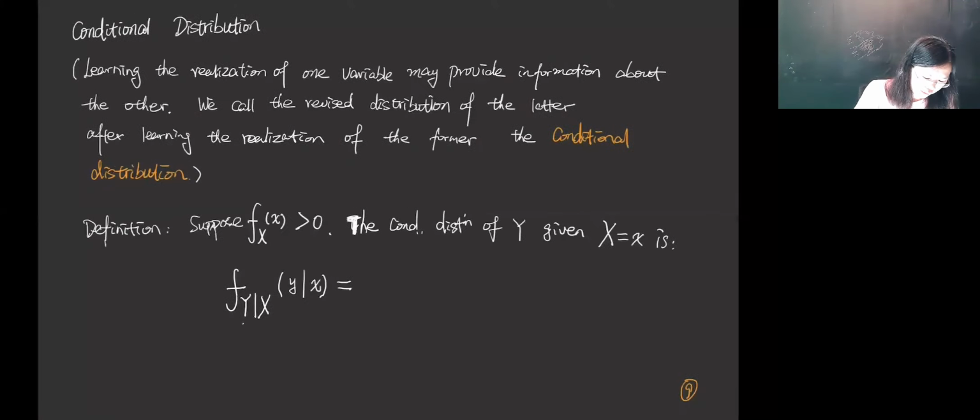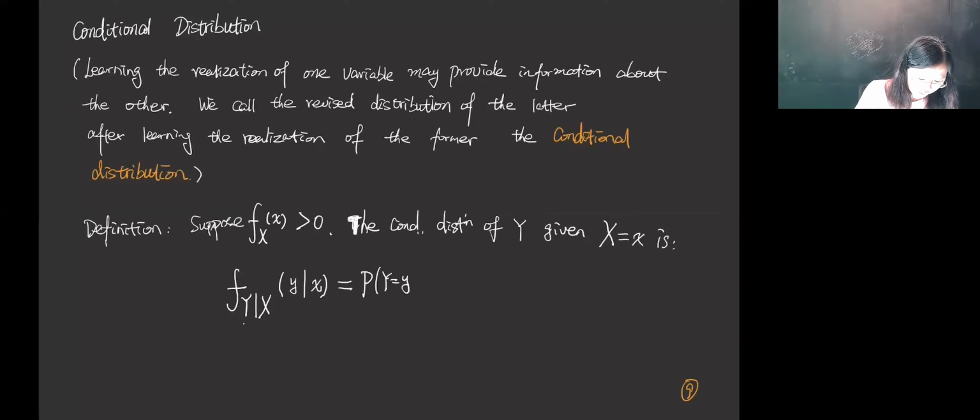And that is defined to be the probability that y equals little y given that x equals little x. Notice that y equals little y and x equals little x are two events. So let's say this is A and that is B. That's P(A given B).